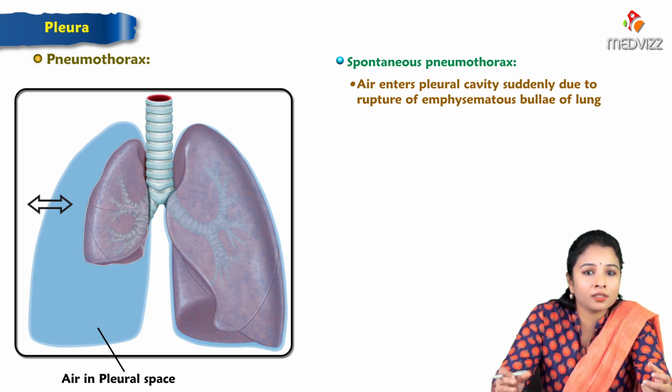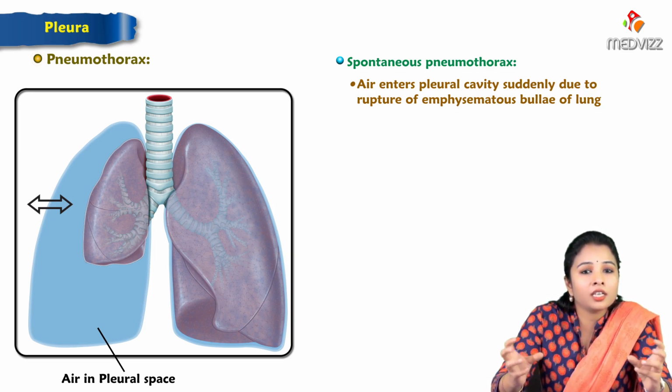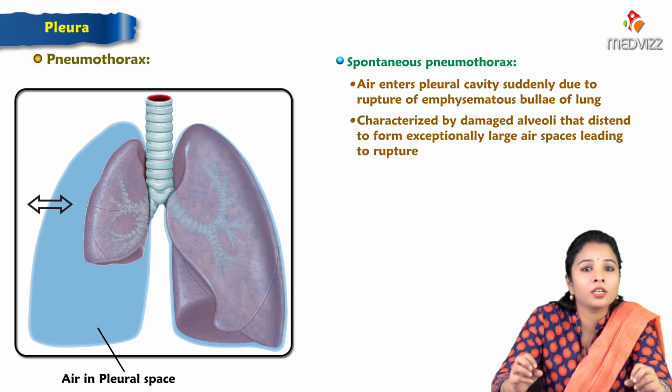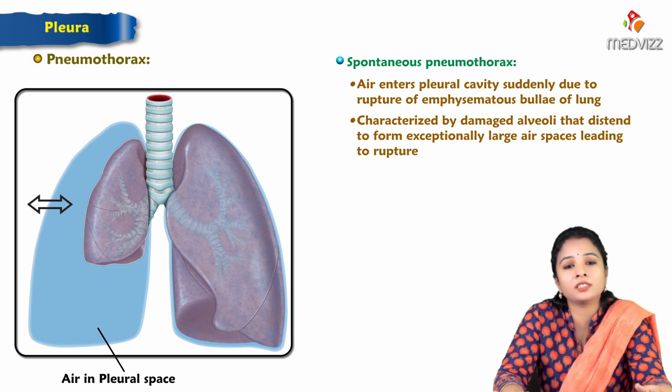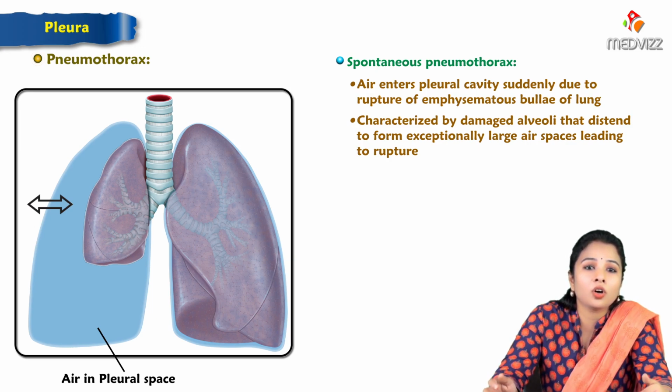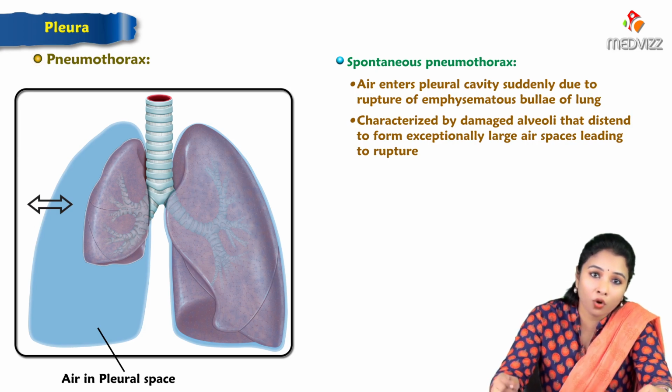Emphysema is an abnormal enlargement of the alveoli, called an emphysematous bulla, characterized by damaged or distended alveoli and exceptionally large spaces leading to rupture. This occurs due to the loss of elastic tissue inside the lungs, which is lost because of chronic smoking.